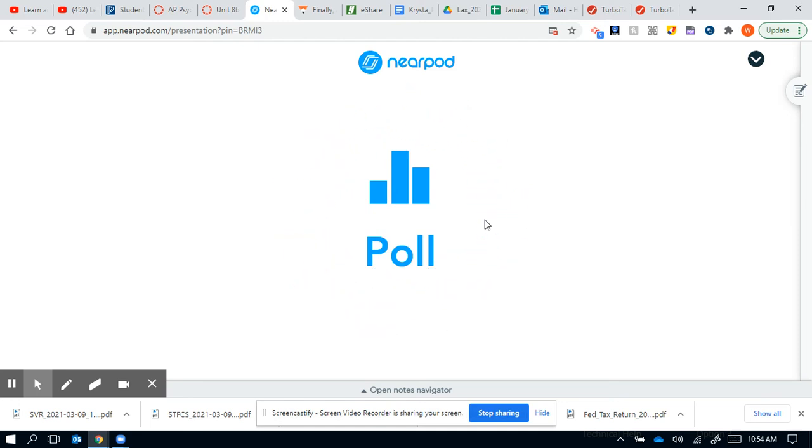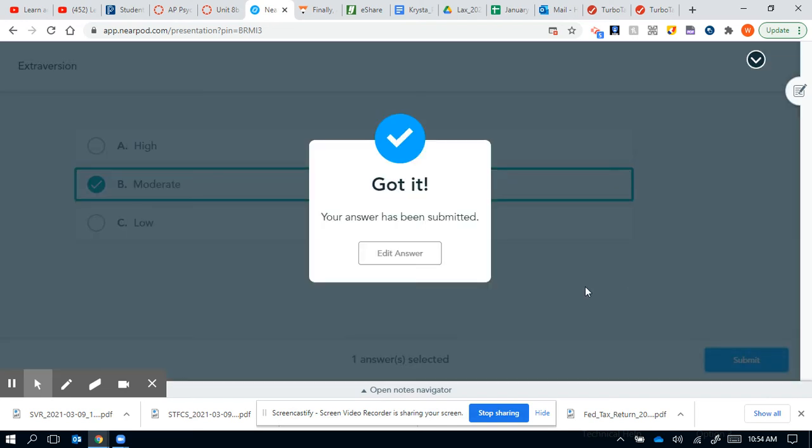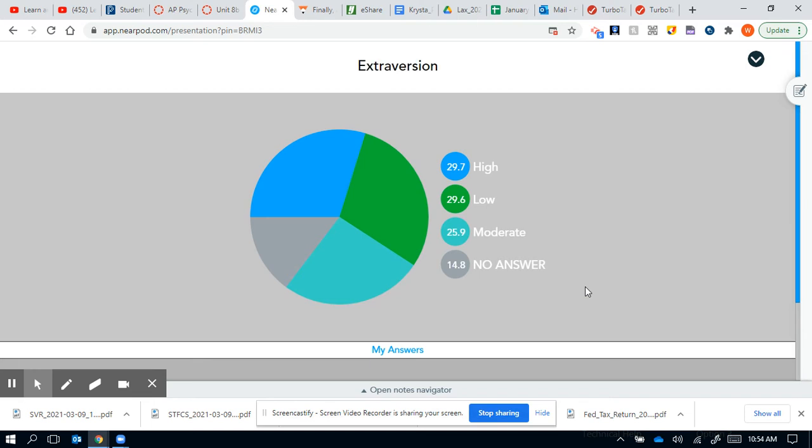And then finally, extroversion. Okay, and wow, this one is basically split pretty evenly. Okay, that's interesting.